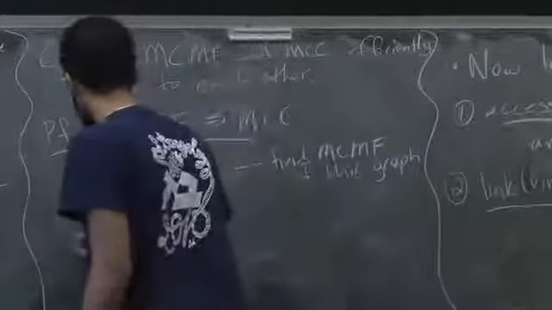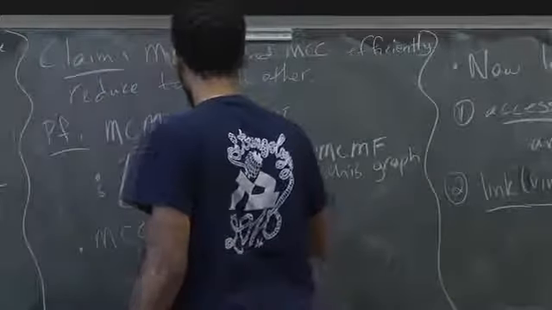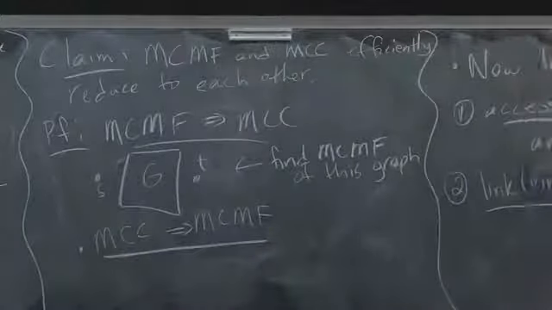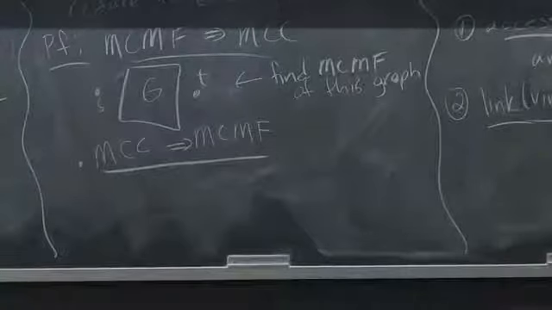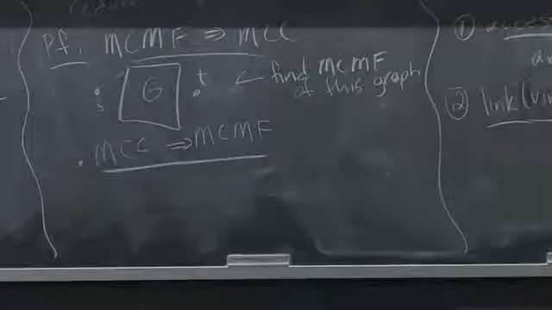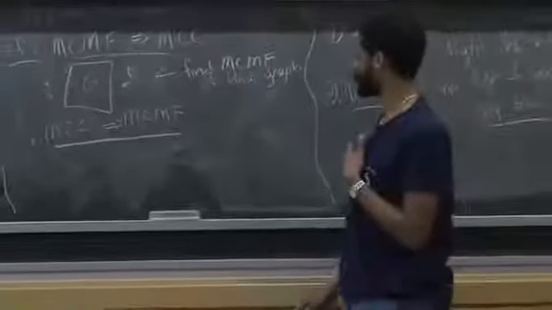Okay. How about this one? If I could solve min cost circulation, why does that mean I can solve min cost max flow? Just add an edge from T to S, and increase capacity until you find the max flow capacity of the original graph.